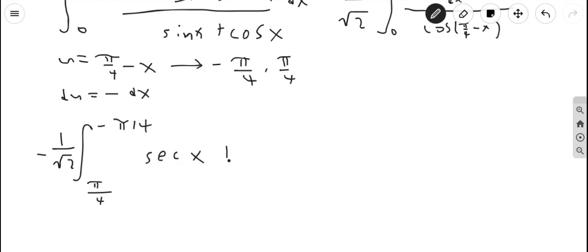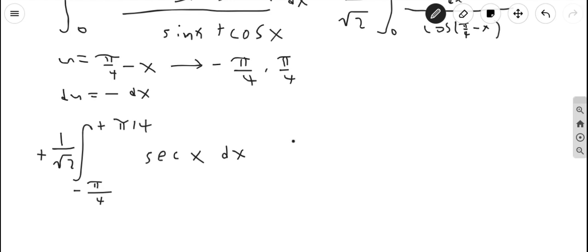Again, x and u are just arbitrary variables. What we realize is that we can again change the bounds because we have a negative up front, so we'd like the bounds to go from negative to positive. Another thing we do is that we know that secant of x is an even function.